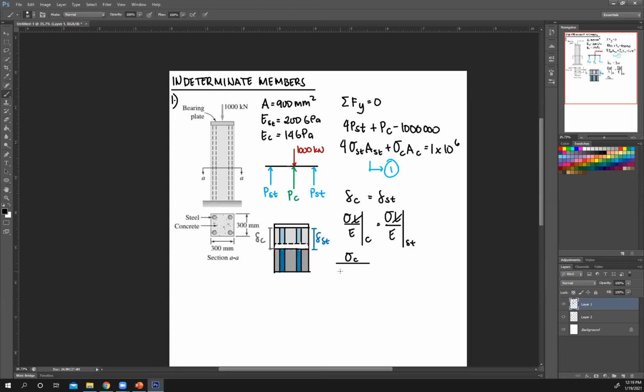And our units are in MPa or newtons per millimeter squared, so convert GPa to MPa, and that's just times 1,000. So 14 times 1,000 or times 10 raised to 3 equals stress of steel over, again, GPa to MPa times 10 raised to 3.